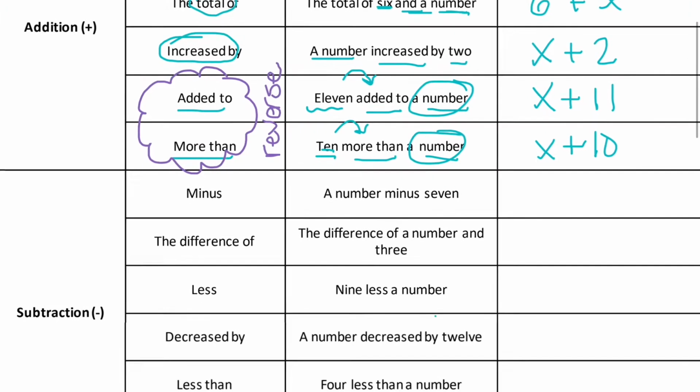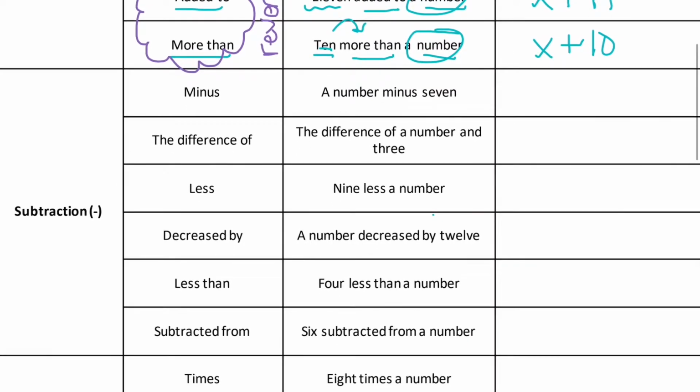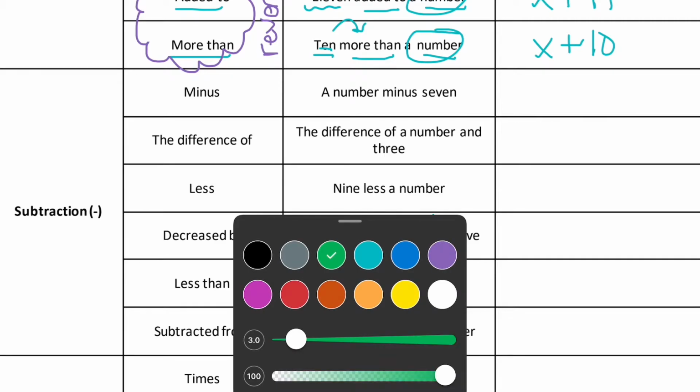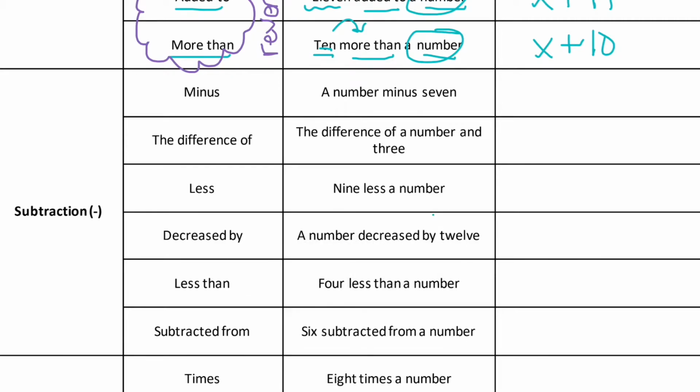Let's go down and talk about subtraction now. And I think I'm going to switch colors again. This time I'll go to green. All right, so minus, pretty much everybody knows that minus is subtraction. A number minus 7, X minus 7. Difference is the answer to a subtraction problem.